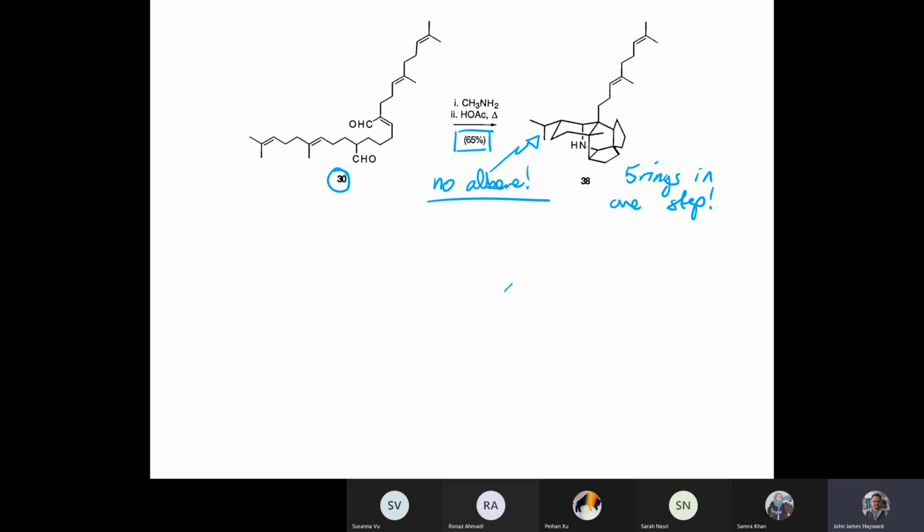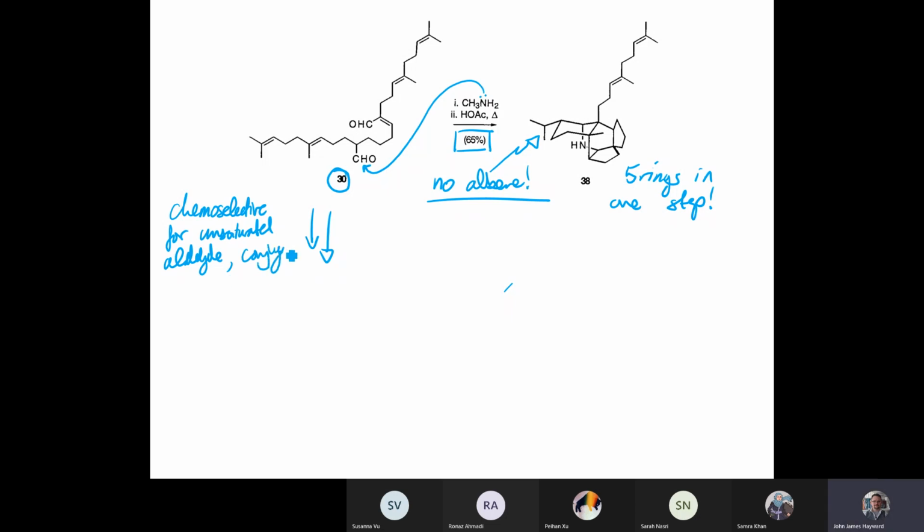Well, the mechanism follows exactly the mechanism shown on the previous page. Okay, this reacted with the ammonia, and the ammonia closes onto the unsaturated aldehyde. It is chemoselective for the unsaturated aldehyde.